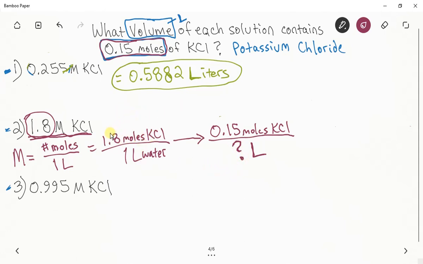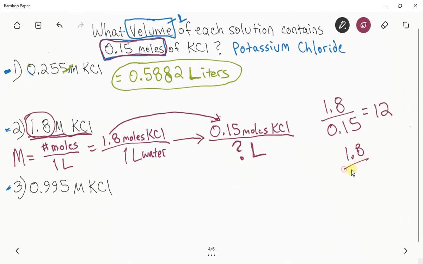Well, if we need to change 1.8 moles to 0.15 moles, we can divide 1.8 by 0.15 moles, which is an even 12. So that means if we take 1.8 and divide it by 12, that's going to give us 0.15.